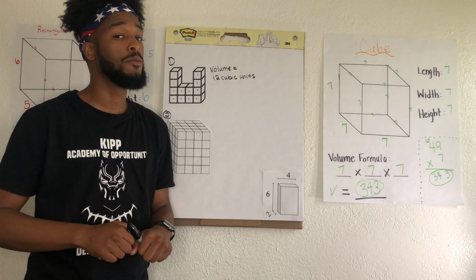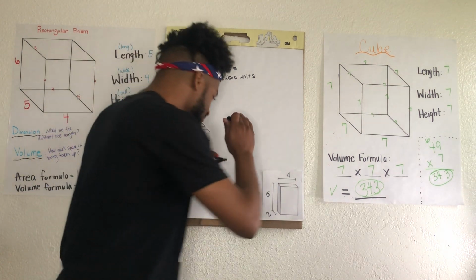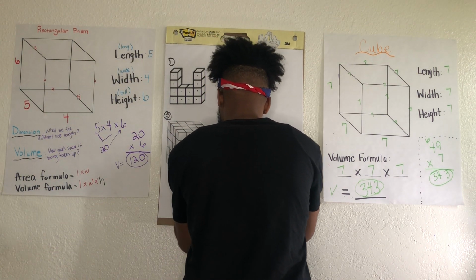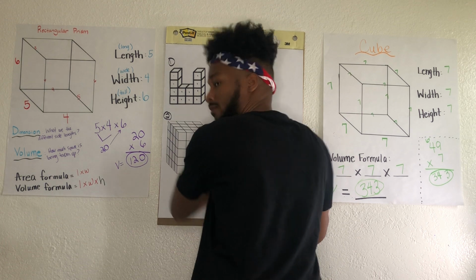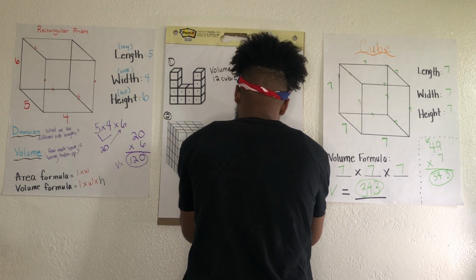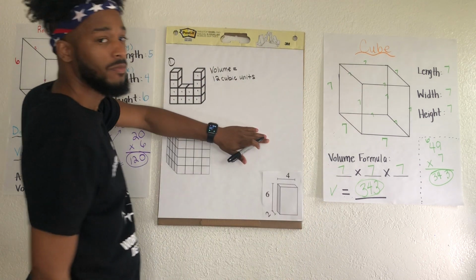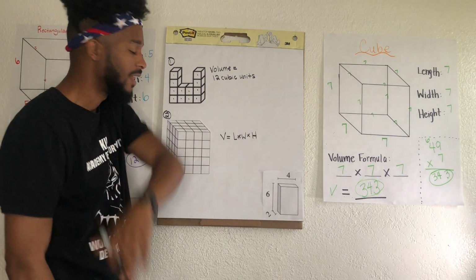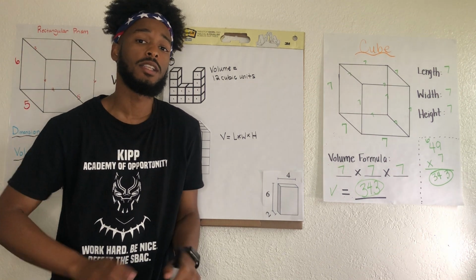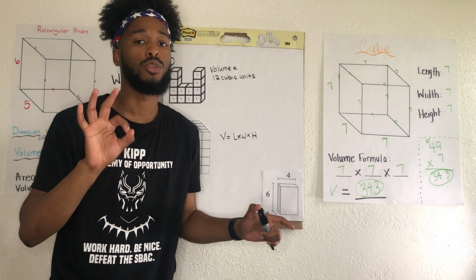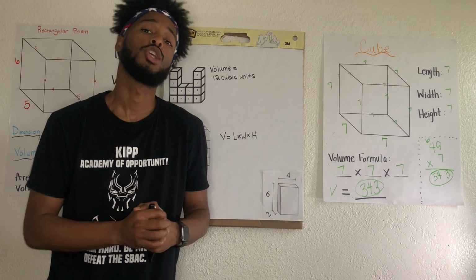Do you remember what the volume formula is? No peeking. That's right. Length times width times height. Length times width times height gives us our volume for any 3D rectangular prism or any 3D cube.